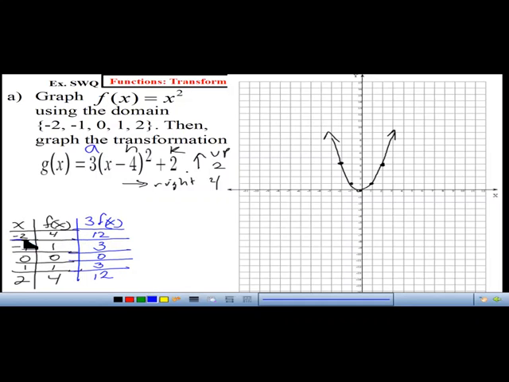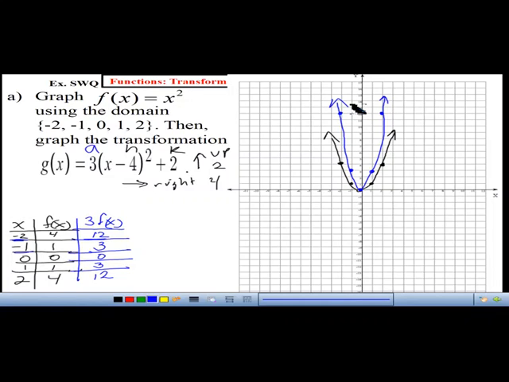So my x value is -2, my y value is 12. -2, 12. -1, 3. 0, 0. 1, 3. 2, 12. Was our prediction pretty on? Yes? Yeah, it stretched it.